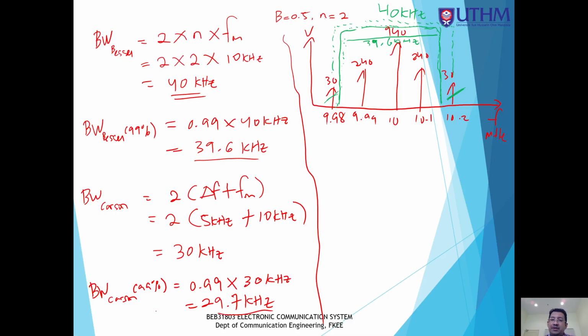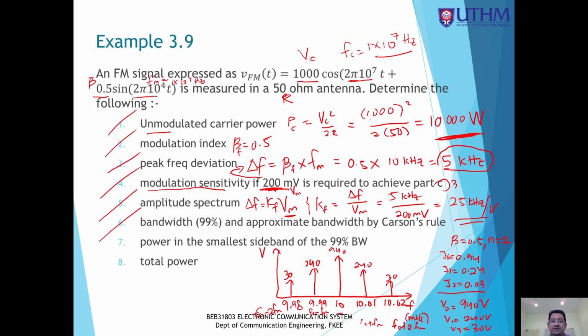If you use a band pass filter with a bandwidth of 39.6, starting from the center, we will cut off the smallest spectrum component over here. And if you see, the question asks you for the power in the smallest sideband of the 99%.